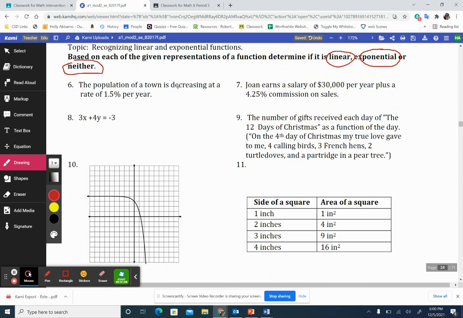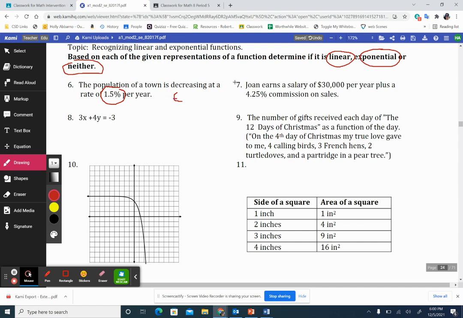The population of a town is decreasing at a rate of 1.5% per year. When you see percents, you should have flashing lights. We know that is exponential. It's decreasing at a rate, so this one is definitely exponential.